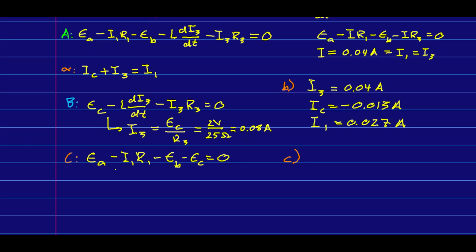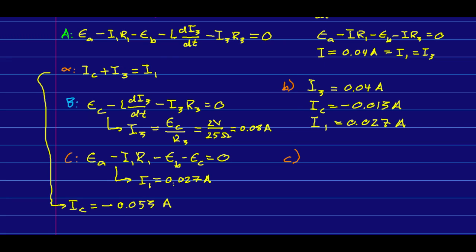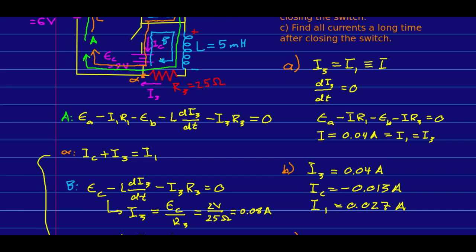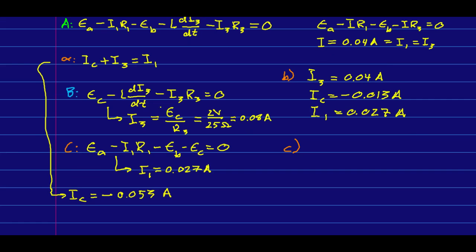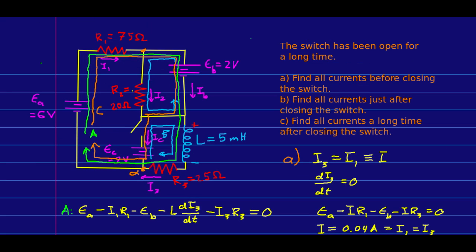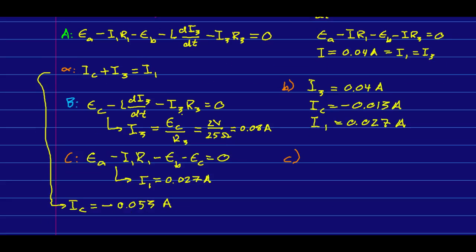I can again use this loop to show that I1 is exactly what it was before, which means I can again use this junction to find IC, and this time I find that it is negative 0.053 amps, and so it is again going in the opposite direction to the one indicated, and I could now work through a bunch of other junctions and this loop and so on to find the rest of the currents.